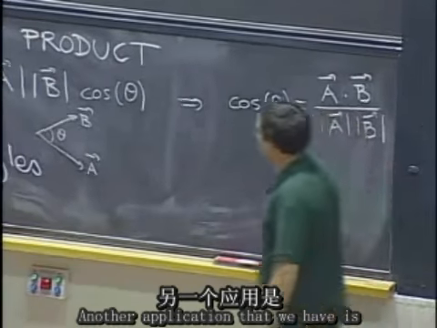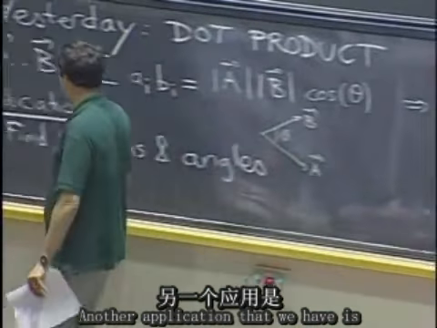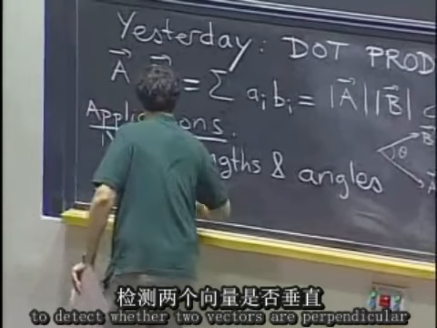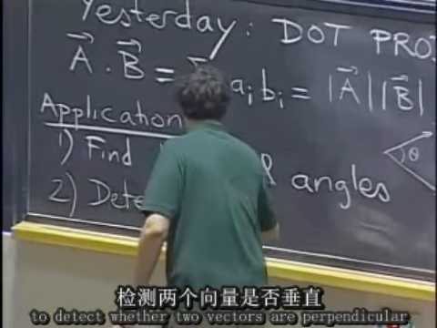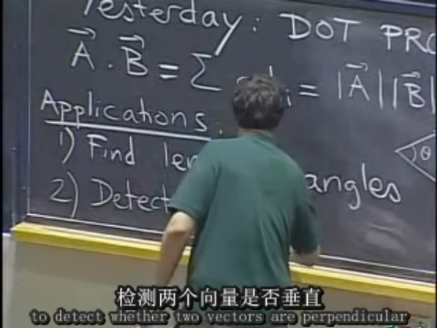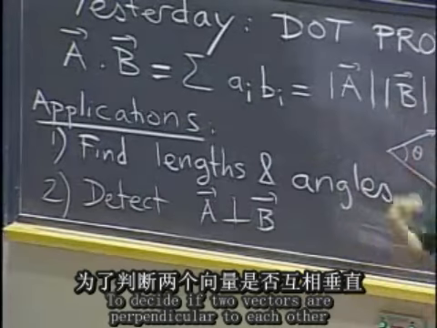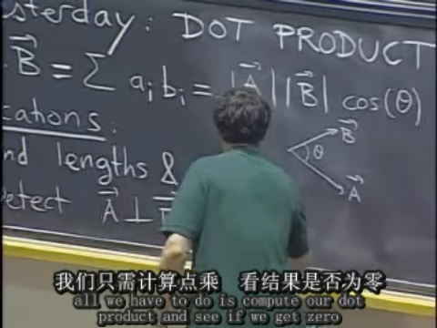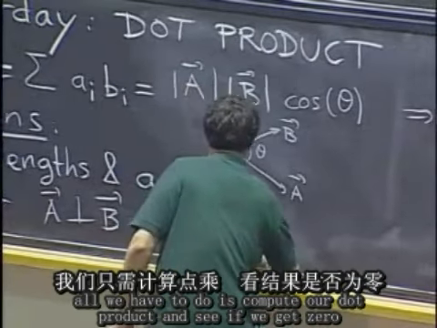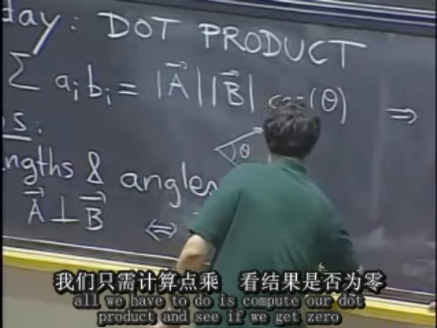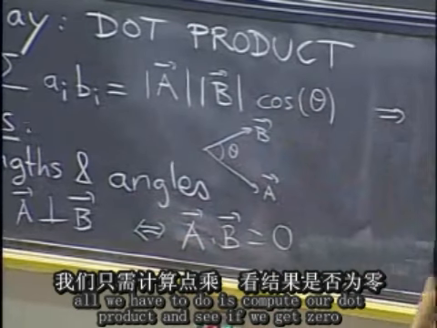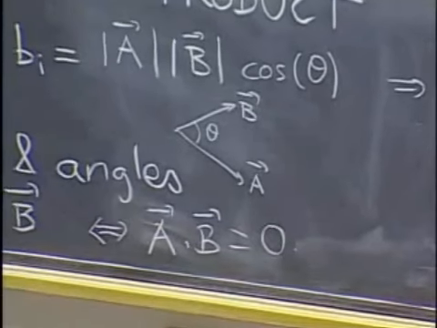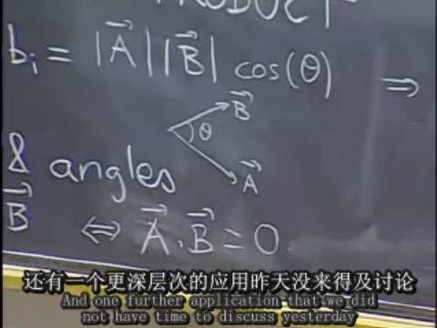Another application is to detect whether two vectors are perpendicular. To decide if two vectors are perpendicular to each other, all we have to do is compute their dot product and see if we get 0.